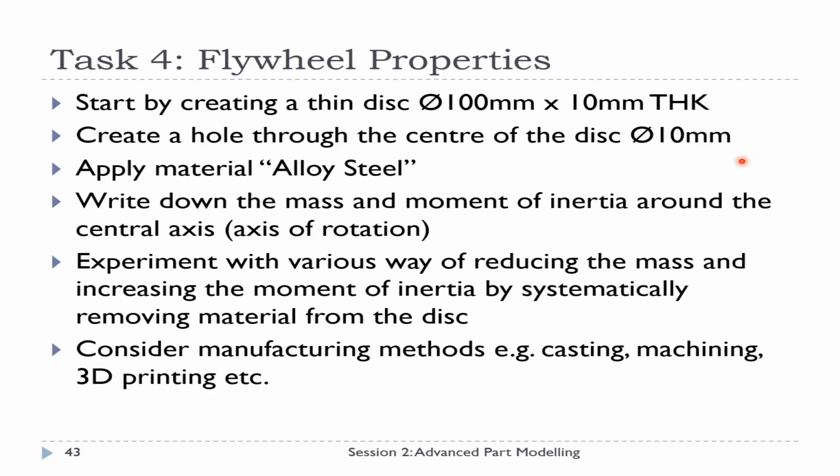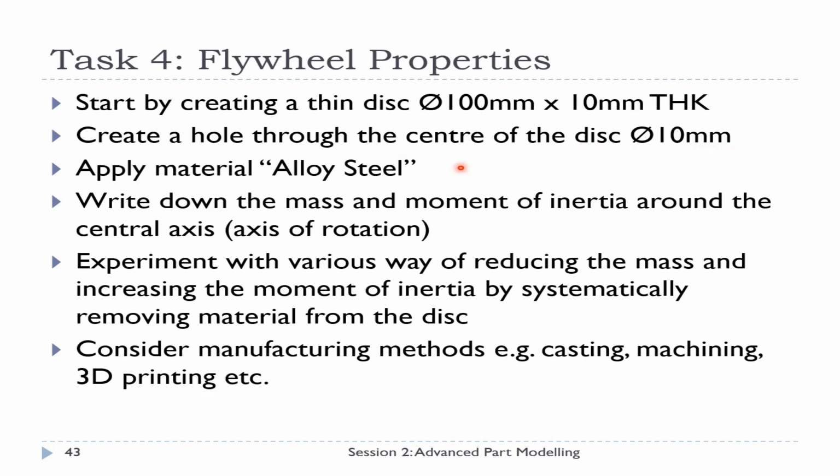So here we have another example practice task. What we need to do here is design a simple flywheel. You can start by creating a thin disc with 100 millimeter outer diameter and 10 millimeter thickness, and then create a hole through the center of the disc with 10 millimeter diameter.